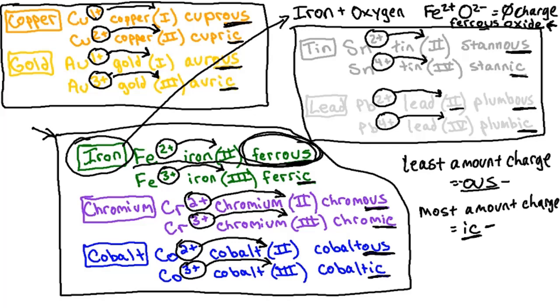The "ous" means we're taking the iron with the least amount of charge, and that's the iron with the 2 positive charge, so that's ferrous. So ferrous oxide would be iron and oxygen together in an ionic compound.